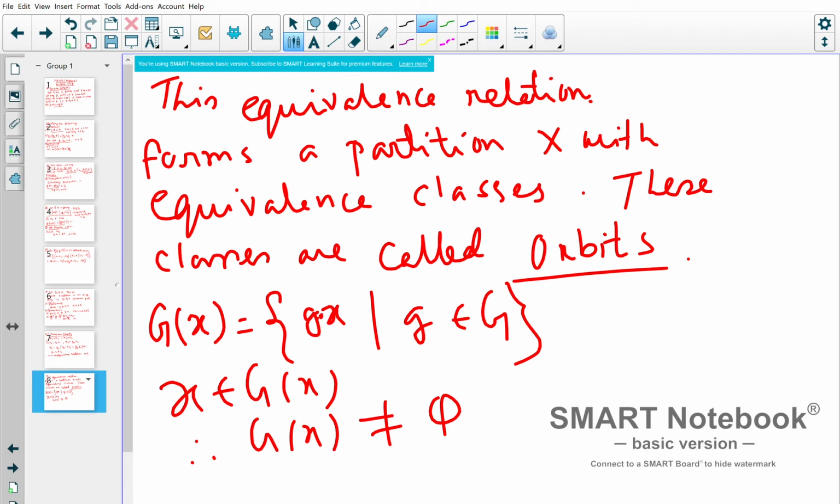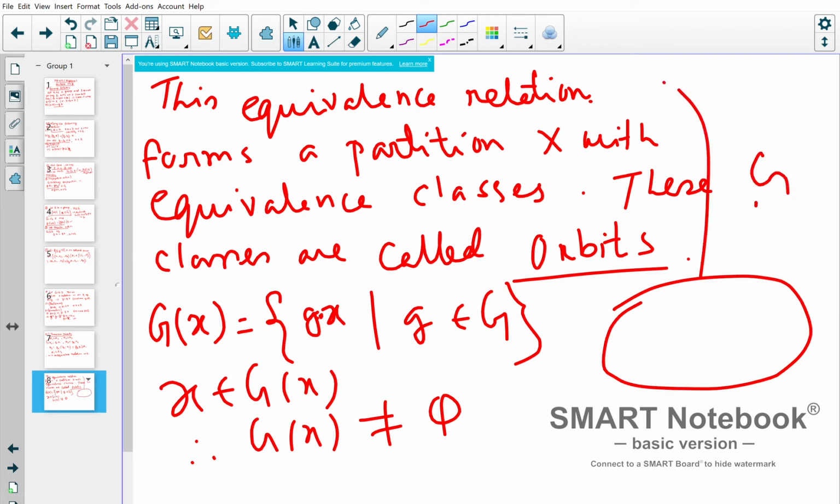Okay, so what does that mean? That means you have a group G. Let me just draw a picture here. So group G is acting on this set X, and then you have this kind of partition.